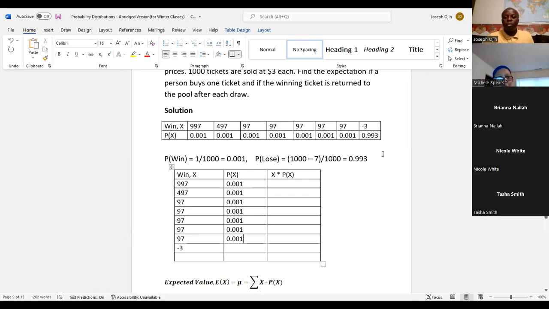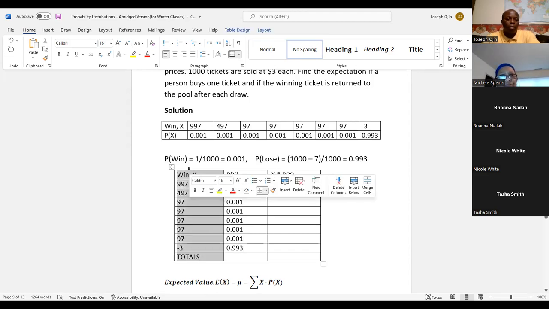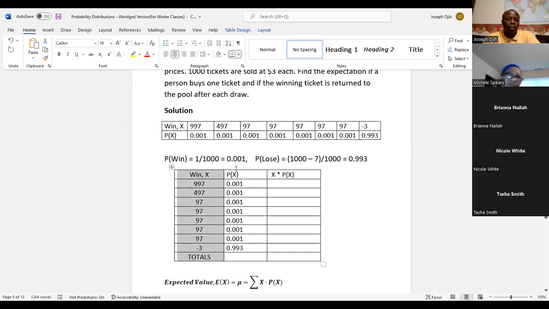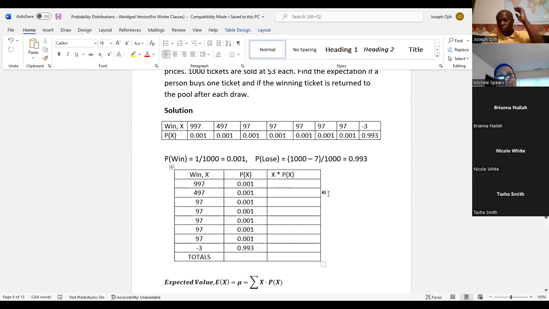Now for loss, you have 0.993. So you can have our totals here. Okay, so I'm going to make all this centered. All right. Save this. I'm going to upload it for you.